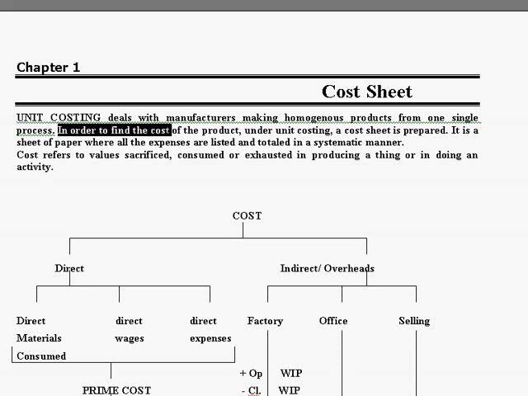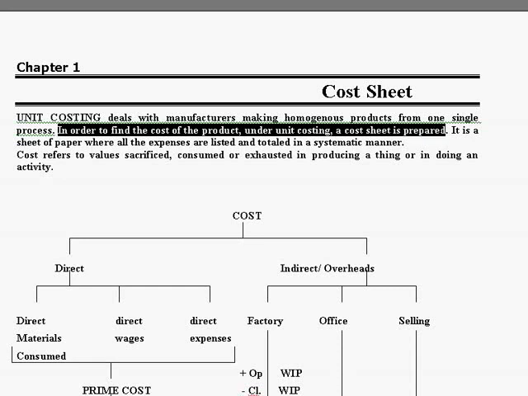In order to find the cost of the product, under unit costing, a cost sheet is prepared.